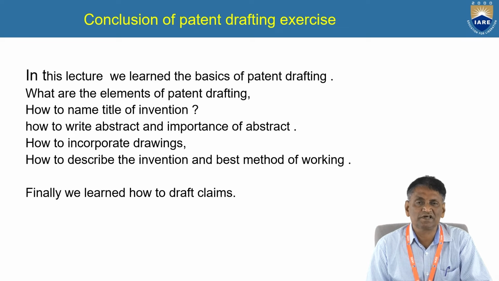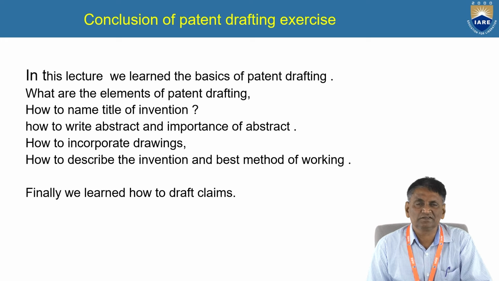It publishes only the abstract, which gives enough indication to the pre-grant opponents and other people about what this invention is all about. But if somebody wants the full details of the specification, claims and all, they can come to the patent office, pay some fee and take a copy of it. Some 15 rupees, some such fee they'll charge. They'll give a complete copy of the patent file.